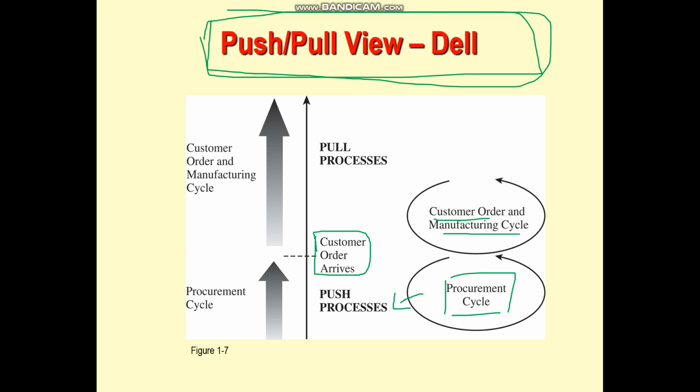But the customer order and manufacturing cycle is a pull process, because they only manufacture the products after they receive their customer order.